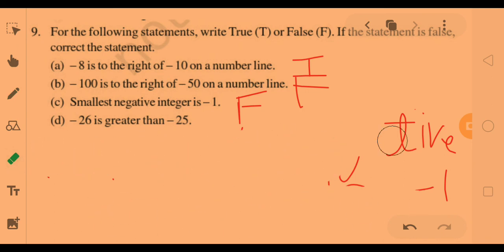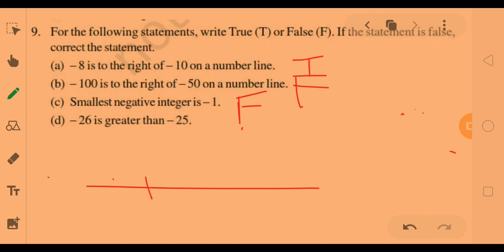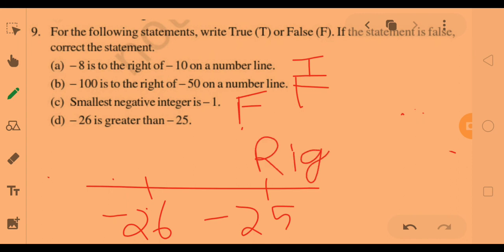Then next sentence. What is the next sentence given? Negative 26 is greater than negative 25. So which is on the left side? Just assume a number line. Here we have negative 25, then we write negative 26. Which integer is on the right side? We find that negative 25 is on the right side, therefore negative 25 is larger.